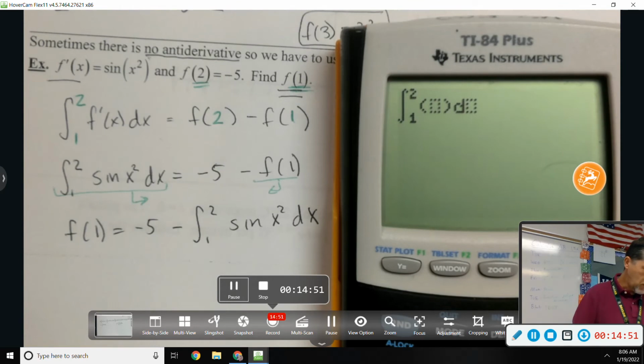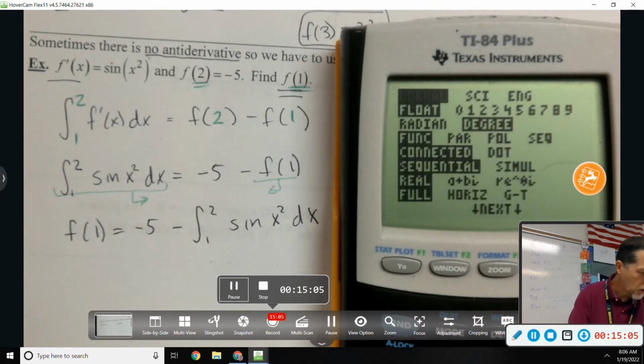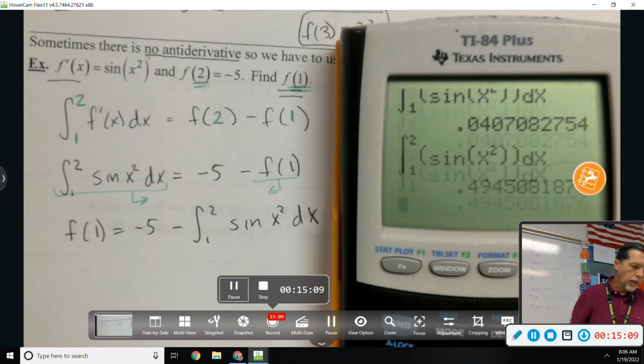From 1 to 2. Let's be careful with parentheses and making sure we square the right thing. Sine of x squared dx, and the calculator can do all the work. Make sure you are in radians. That answer didn't look right to me. There we go.